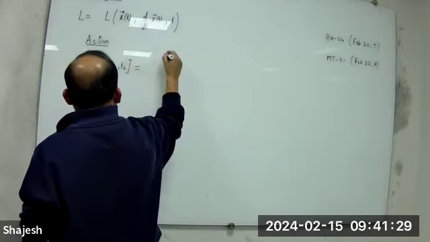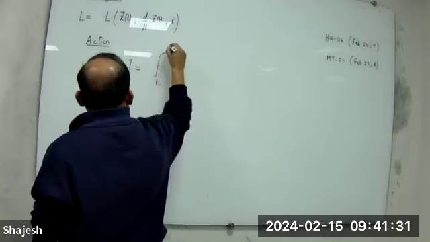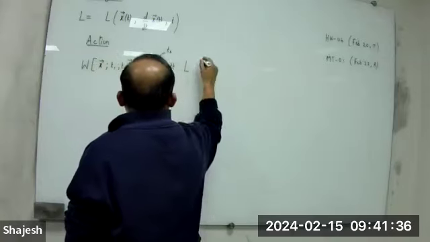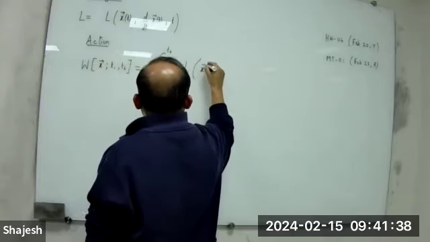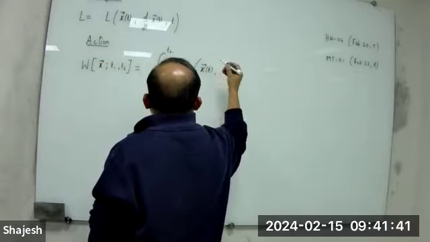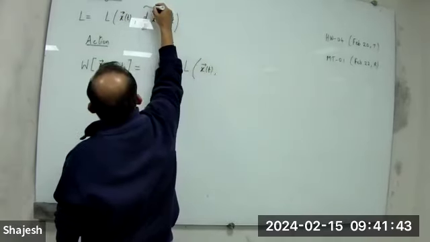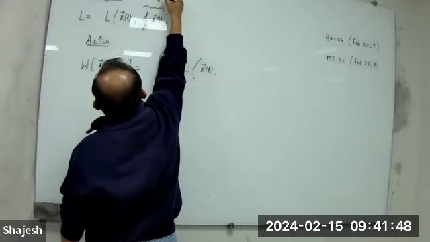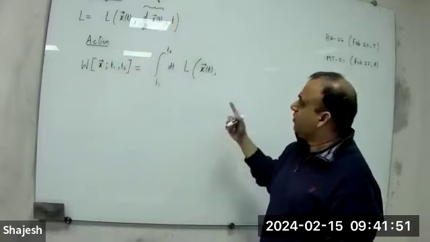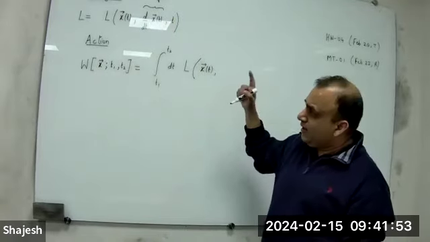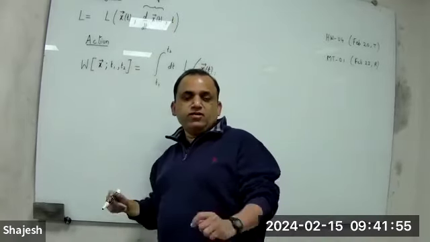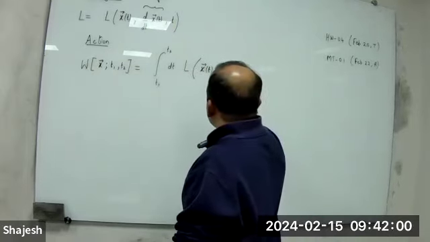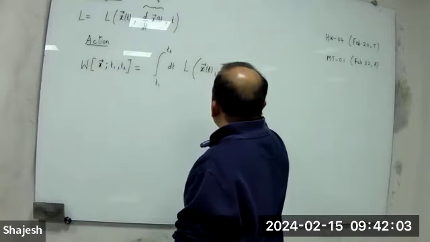That's equal to the integral from T1 to T2 of L of X, the function of T. I'm going to use the notation here as V. This is only for simplicity. When you're doing Lagrangian, V is not independent, it is dependent on the position. That's T.